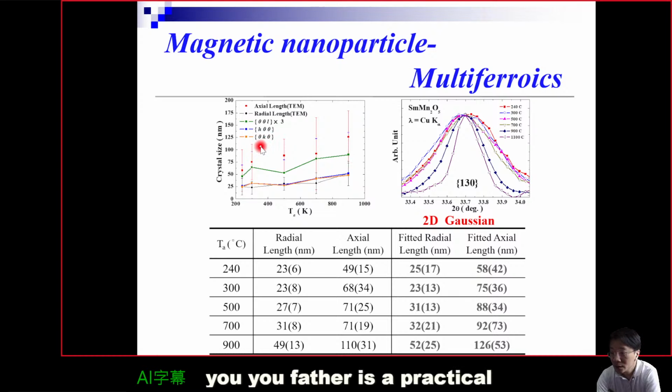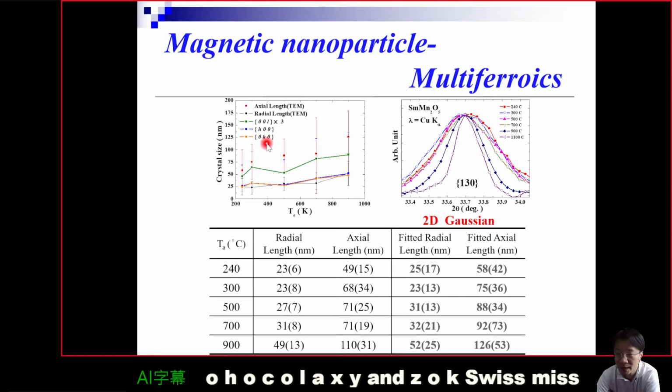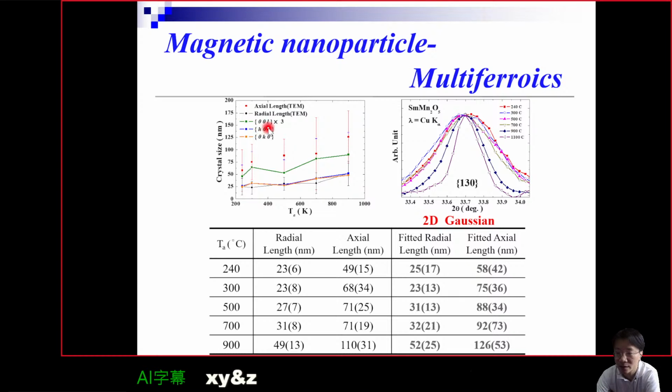Okay. So we can also calculate the crystal size by using the X-ray diffraction half width. We can check the peak width along the H00, which means along the A-axis, the 0K0, which means along the B-axis, and the 00L, which means along the C-axis.